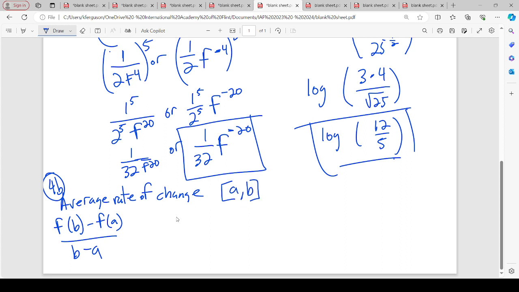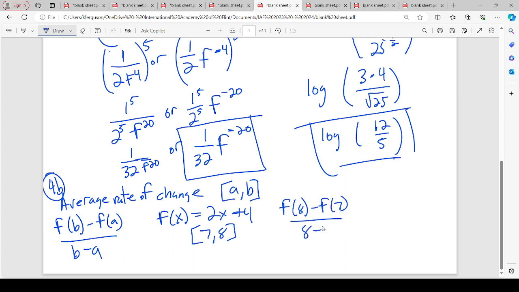The problem says I got a function f of x equals 2x plus 4, and I'm looking on the interval 7 to 8. So my a and b is 7 and 8. So I'm going to have f of 8 minus f of 7 divided by 8 minus 7. Well, 8 minus 7 is easy, it's 1.